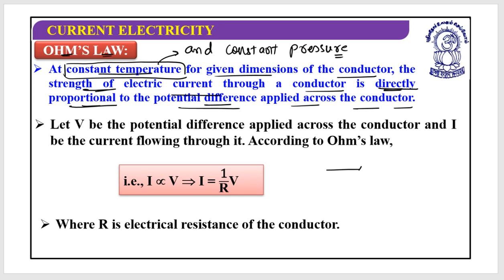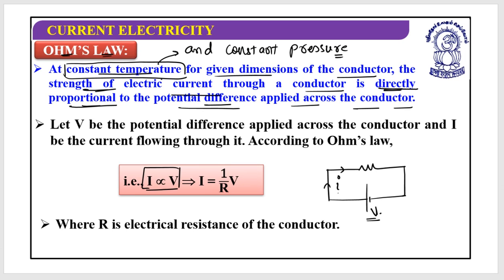So the situation is something like this. Let's suppose this is a conductor and this is a voltage V. What it says is that at constant temperature for the given dimensions of the conductor, the strength of electric current, whatever current is flowing through, is directly proportional to the potential difference applied across the conductor.